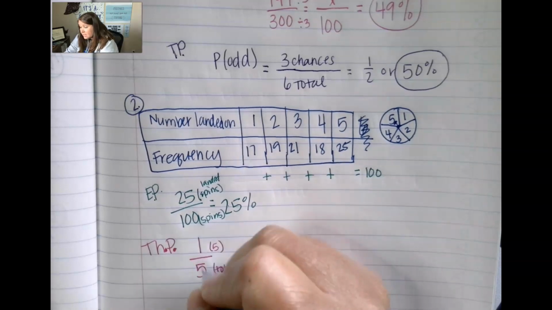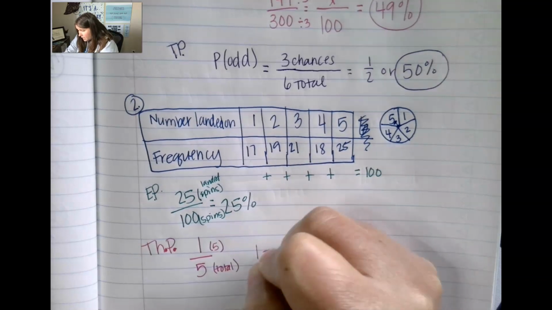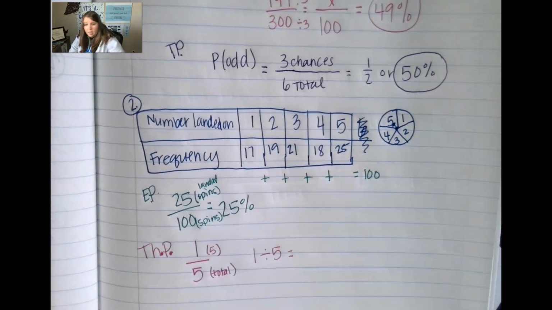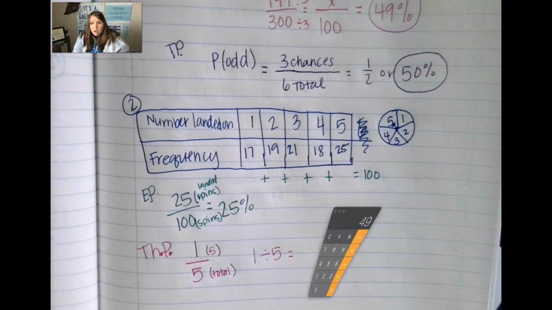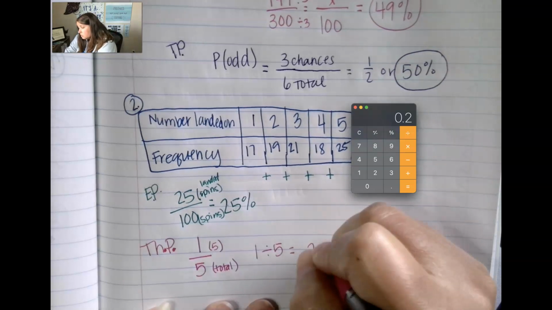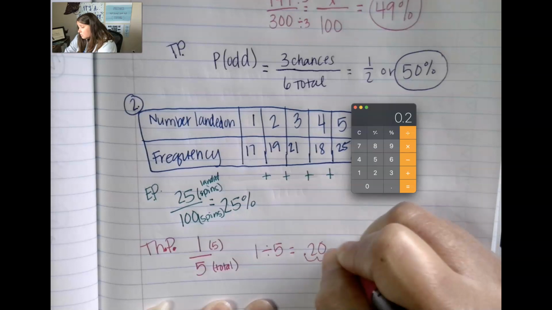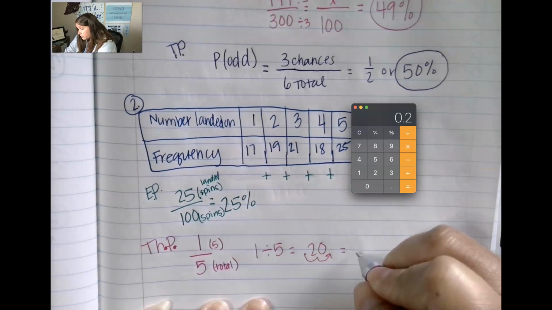We want to divide this. 1 divided by 5 gives us 0.2. But we know it's 0.12, right? So we have to go 20%.